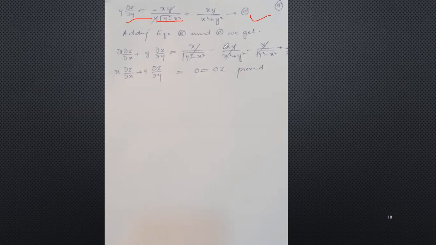Now adding equation number B and C, we get x divided by y square minus x square, positive, minus x into y divided by x square plus y square, negative, and x divided by y square minus x square, negative, and plus x into y divided by x square plus y square.